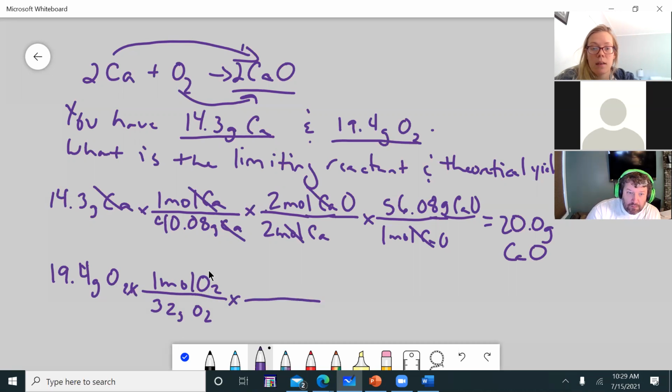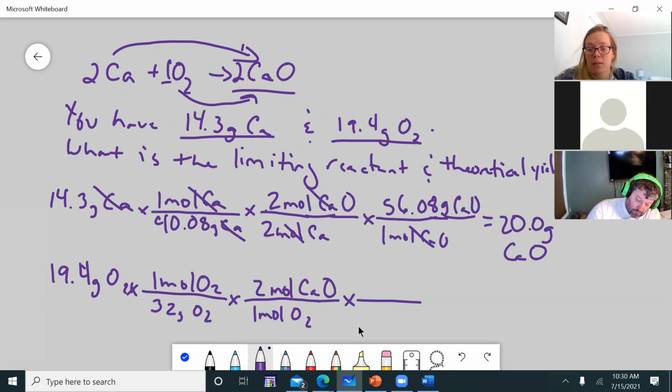All right, and then the ratio to get from O2 into the product is an inferred 1 to 2. So 1 mole of O2 will produce 2 moles of CaO. Last step is to get that into grams, and you already figured out the molar mass from the first one. So 1 mole of calcium oxide for 56.08 grams of calcium oxide.